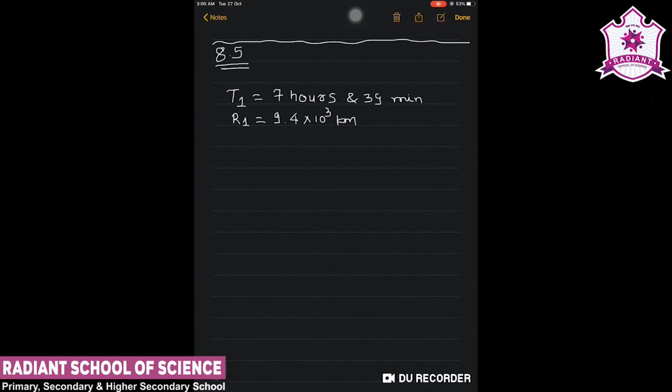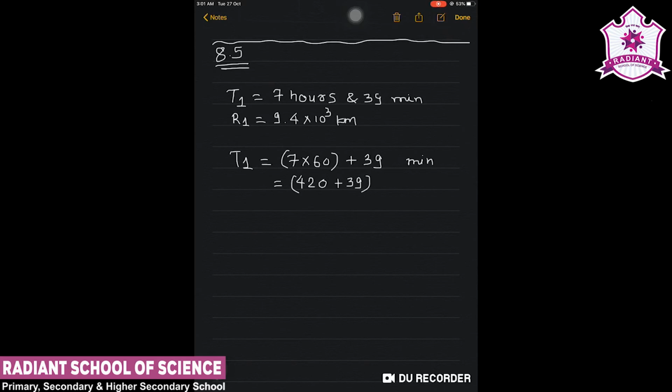So it is very clear that T1 over here has 7 hours, that is 7 into 60 minutes plus 39 minutes. So first we have converted it into minutes. 7 sixes are 42, so it is 420 plus 39 minutes.